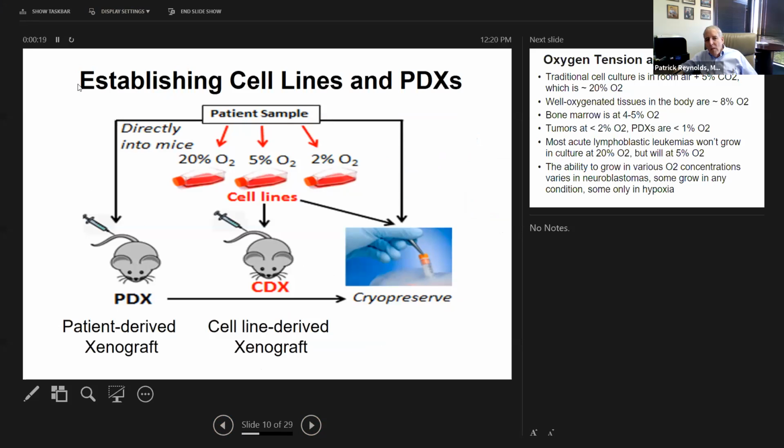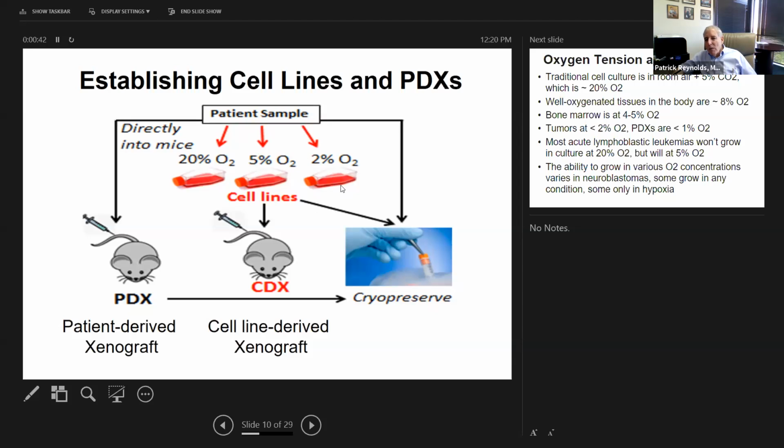So in establishing these lines, we put them into 3 different culture conditions. And these were chosen to replicate what people standardly do. And we're going to go into this in detail in a minute: 20% oxygen, and 5% oxygen, which is really bone marrow. If we're talking about leukemia, lymphoma, or metastatic neuroblastomas, often they come from bone marrow. That's why we chose this.